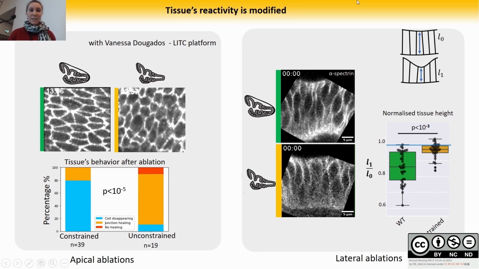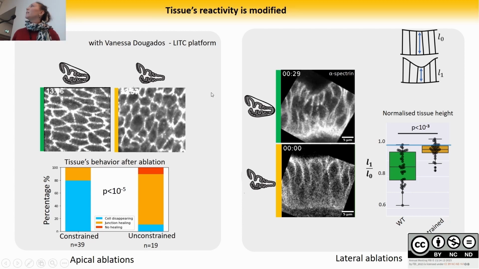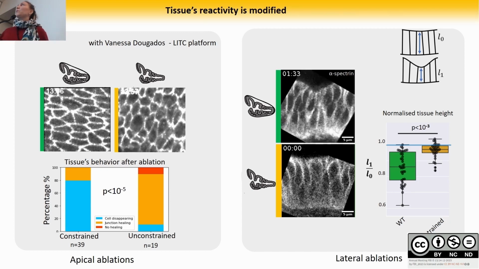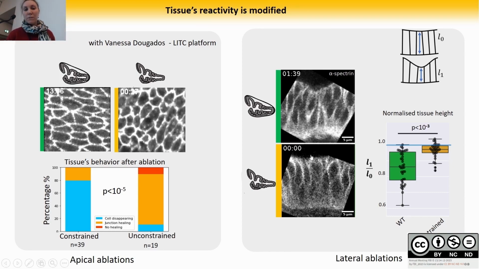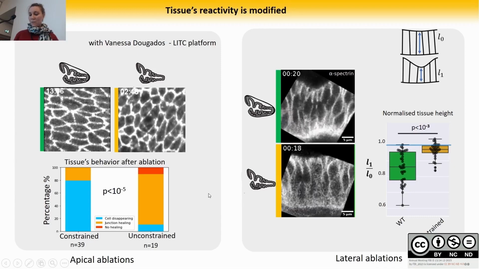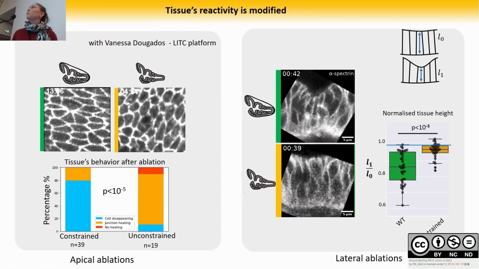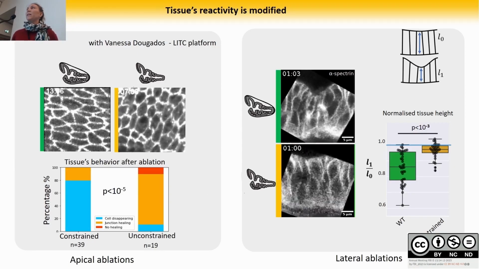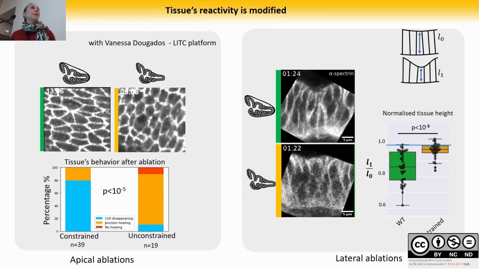And similarly, if you perform ablation in the lateral part of the tissue, so here you have the apical part and here you have the basal part, you have, during the healing process, a strong contraction of the cells, while you can't see it when you do the same kind of ablation in the unconstrained leg.